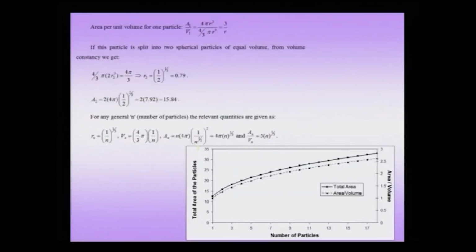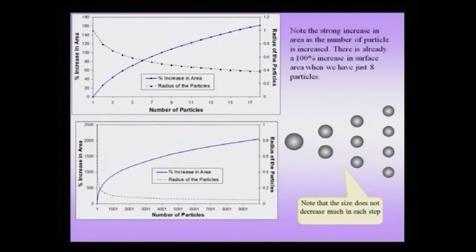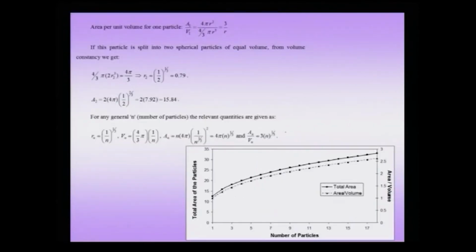Now, what will happen if I divide this particle, and here I am talking about a division like this, where I take a single particle, divide it into two particles, further divide this particle into 3 particles if necessary, and 4 particles. So, there are 3 particles at this stage, there are 4 particles at this stage, and I keep on increasing the number of divisions, but at each point of time I keep my particle spherical, and I also keep the total volume equal to the starting particle. So, these are the two constraints I impose.